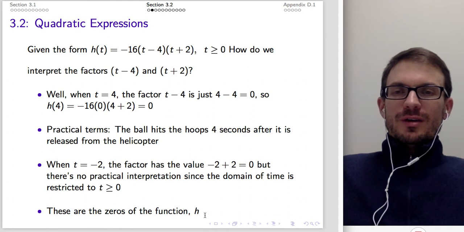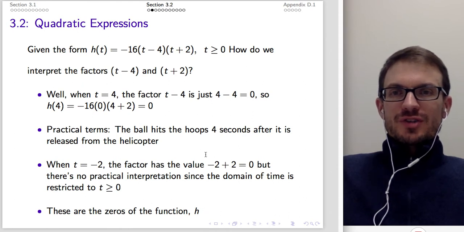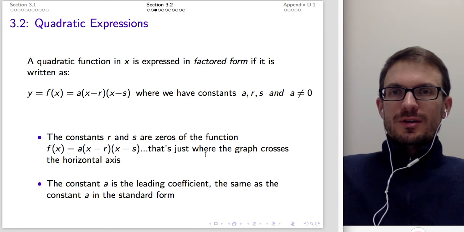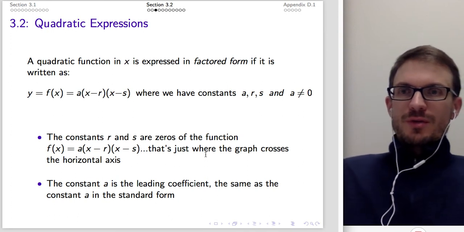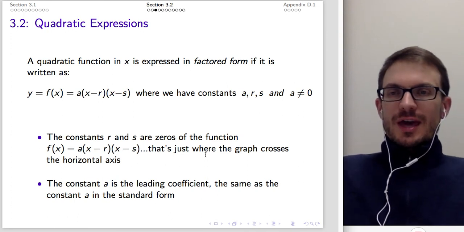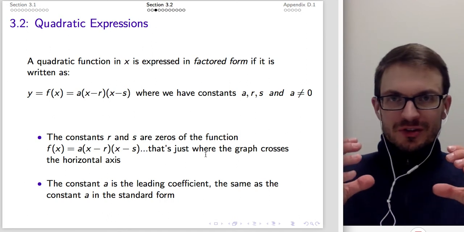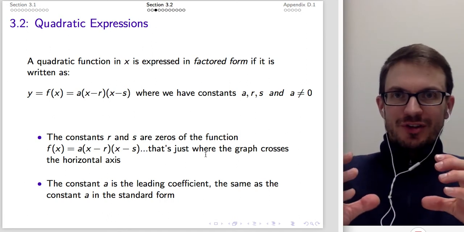So anyway, mathematically, these are the zeros of the function h. t equals 4 and t equals minus 2 are the zeros of the polynomial. And so more generally, a curve is in factored form if it can be written as y equals f of x, a times the quantity x minus some r times the quantity x minus some s.